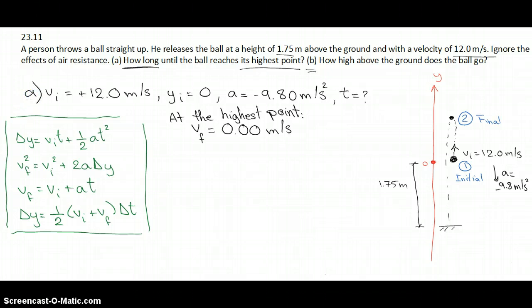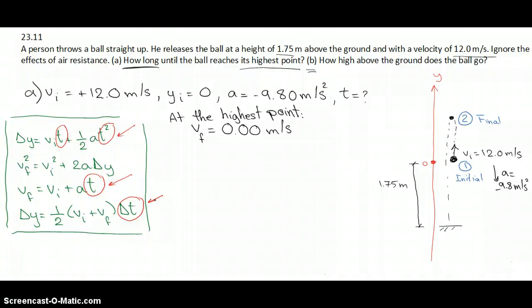Okay. So, now I look at the formulas. I want to find a formula that will give me the time. So it's either the first one or the third one or the fourth. So, let's take a look at the first one.